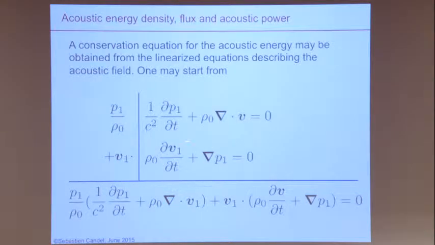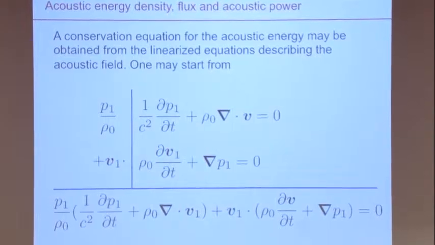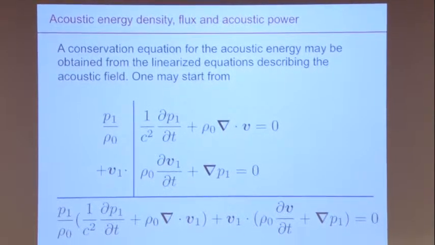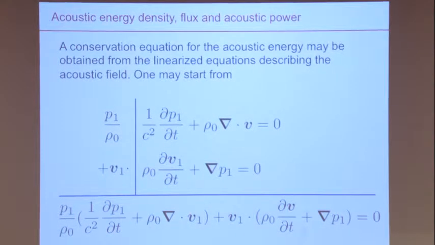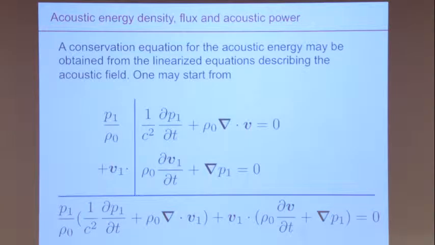So let's now go to the energy principles, because you know that we are always interested in fields, but we are also interested in the energy balance. And is it possible to write an energy balance? So this can be done here in acoustics.